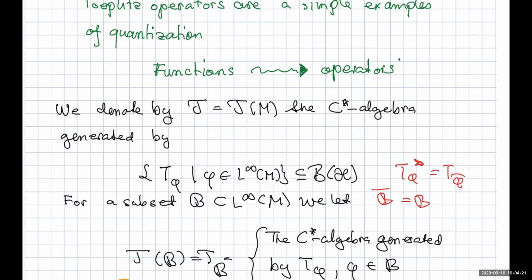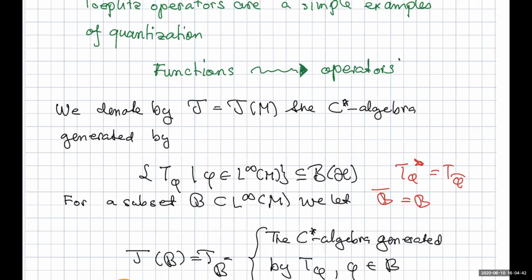Otherwise, one has to add all the adjoints to it, because part of the definition is that the C-star algebra is a star algebra. If T is in there, then T star is in there.